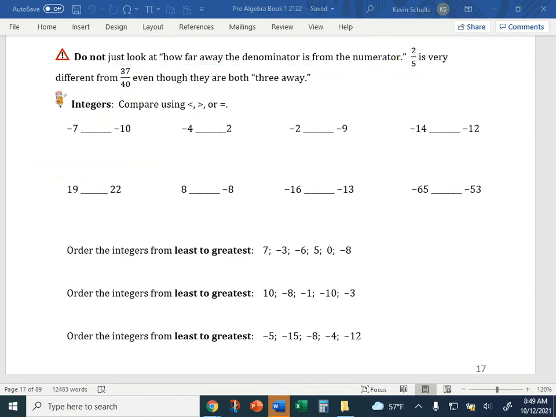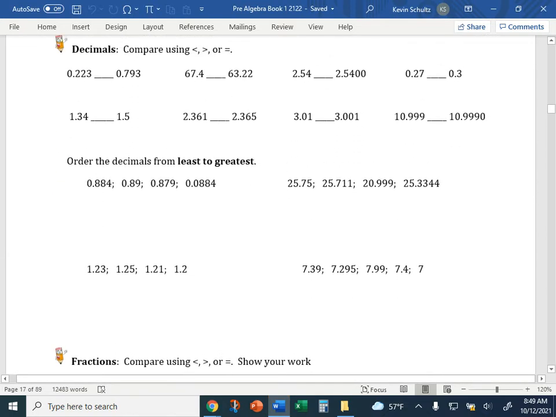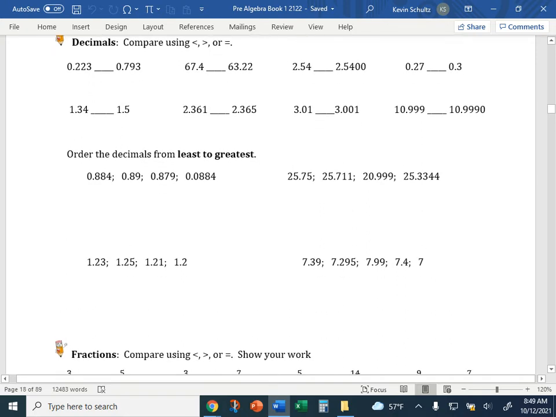Okay. Let's move on to decimals. Again, we're using the less than, greater than, or equal to symbol. How would you compare 0.223 with 0.793? What method, what thought process would you use for this? Lexi.